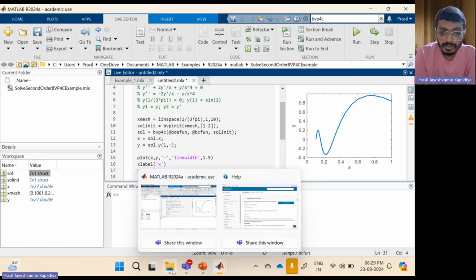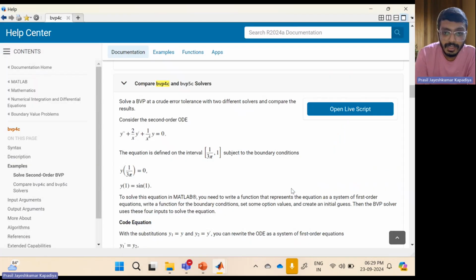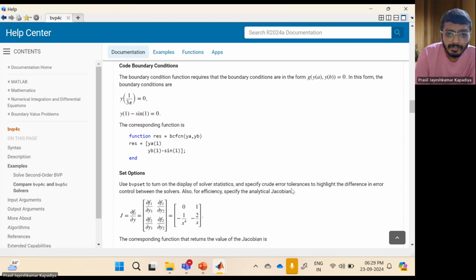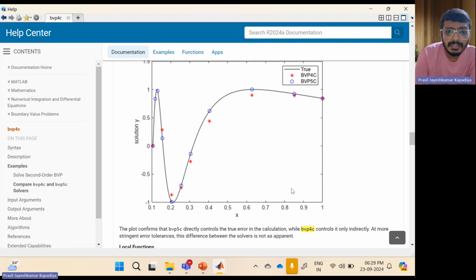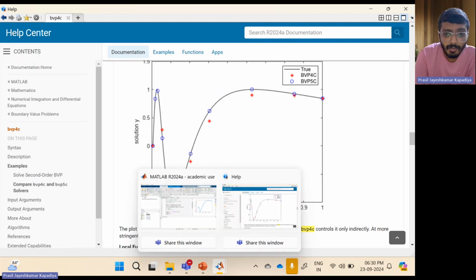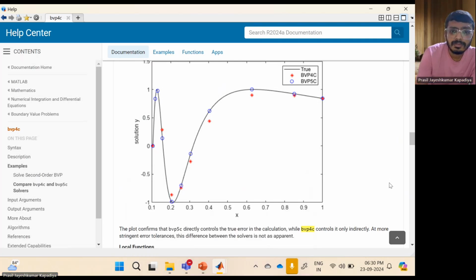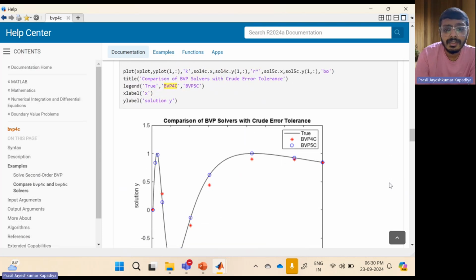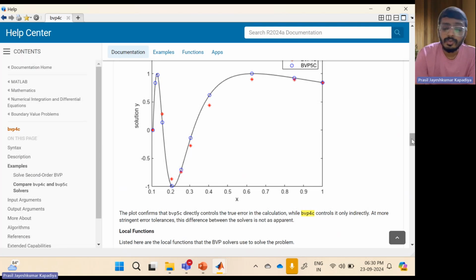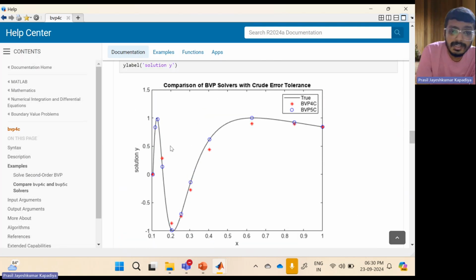So see this kind of weird solution that we are getting if we match it with what they have given. Yeah, it is something weird starting from 0.1. So there is one line for BVP4C. This is the true solution. If you see this example, the true solution is represented by a line.